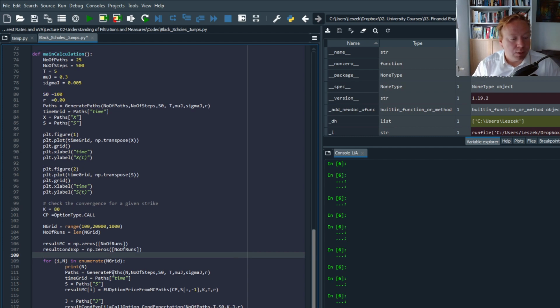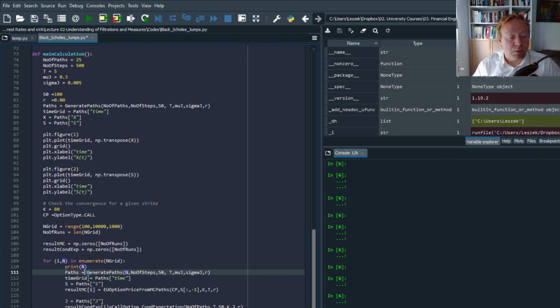What we do next is iterate over the number of paths. We have n grid, the range from 100 up to 20,000 for 1000 time steps, and we can actually make this 10,000 to be a bit faster because we don't need so many simulations. For every set of paths, n will vary from 100 until 10,000 with a step of 1,000.